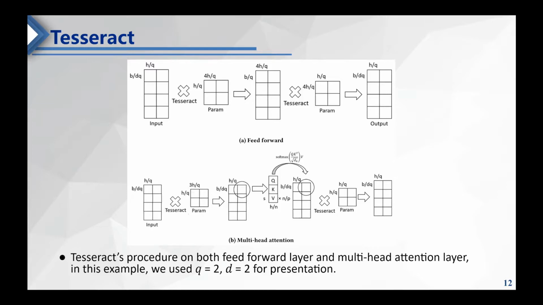For the multi-head attention operation, the input matrix is split in the same manner. It then multiplies a partitioned parameter matrix with a shape of H divided by Q, 3H divided by Q for attention calculation.